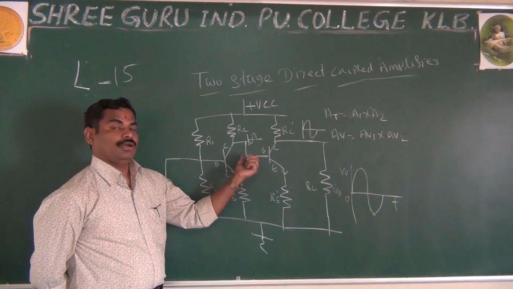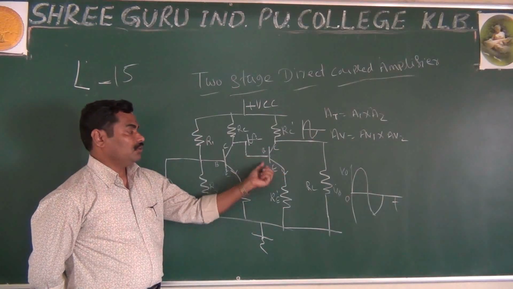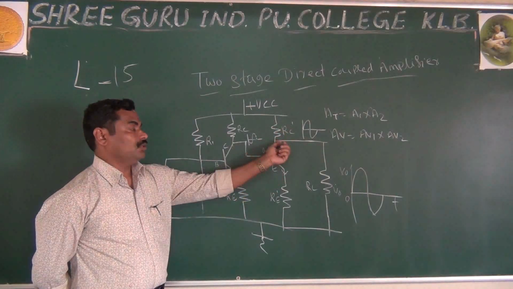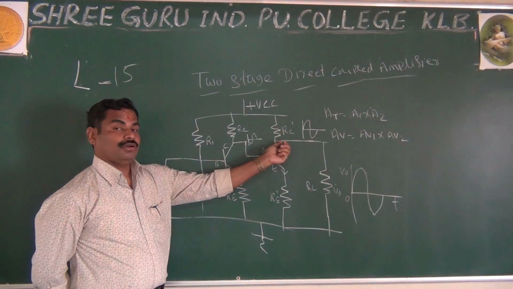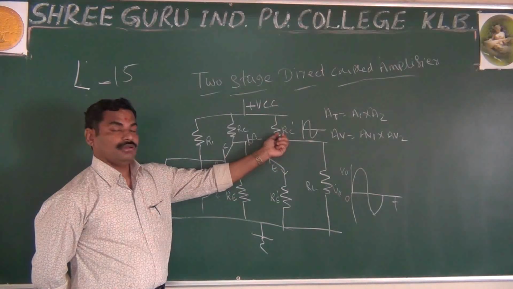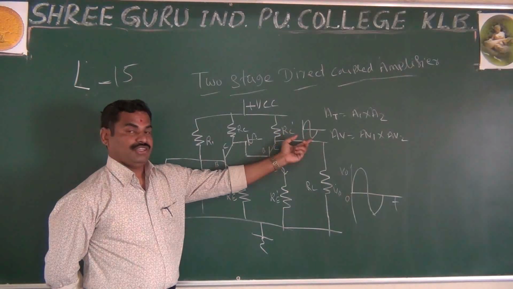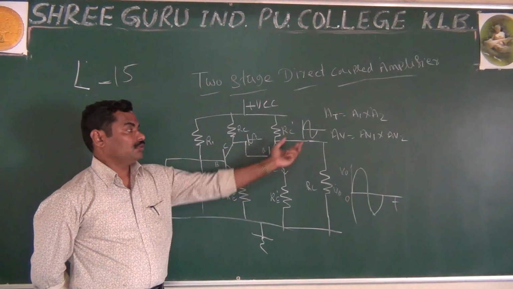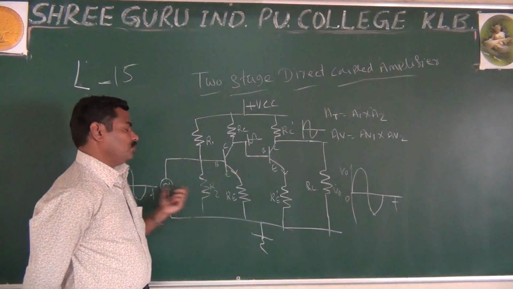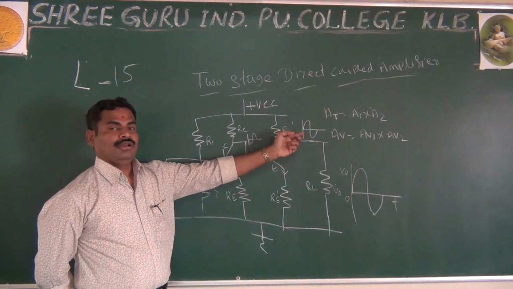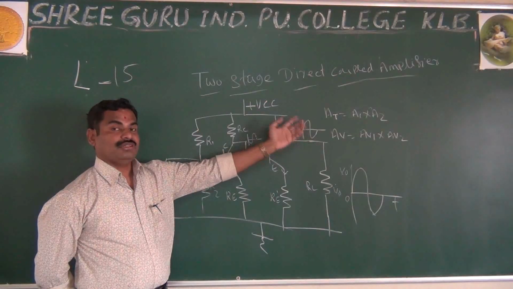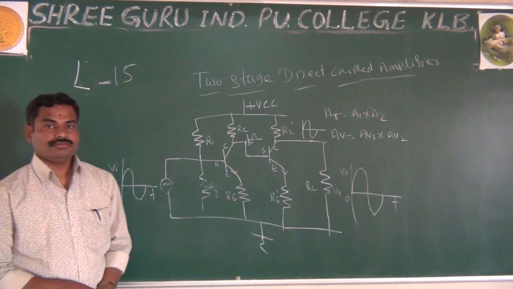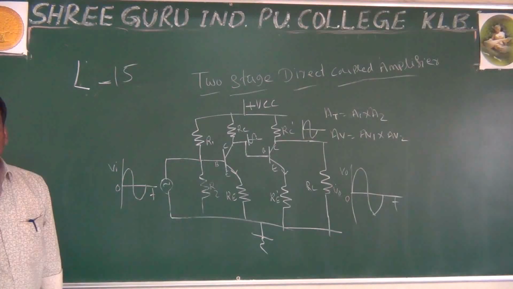You are not using any capacitor, you are not using any transformers, and once again this output is further amplified, and the amplified output is taken from the collector of the second stage, and that is in phase, because you have done the amplification 2 times. That's why we get it in phase. The input and output are in the same phase, only you have strengthened the magnitude of the signal. That is about your direct coupled 2-stage amplifier in a simple way.